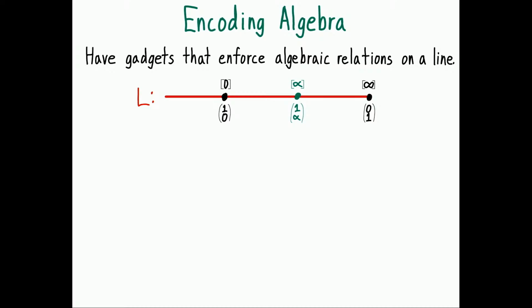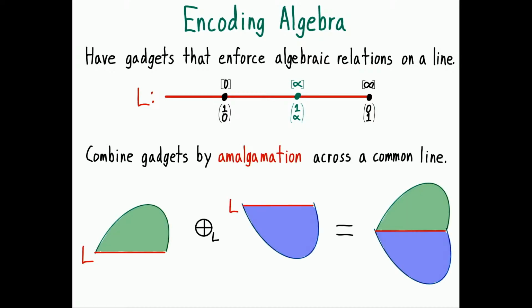And we're going to add gadgets that enforce algebraic relations of these points on the line. And we're going to be able to combine gadgets by amalgamation, gluing across a common line.